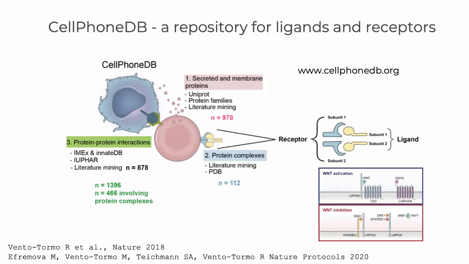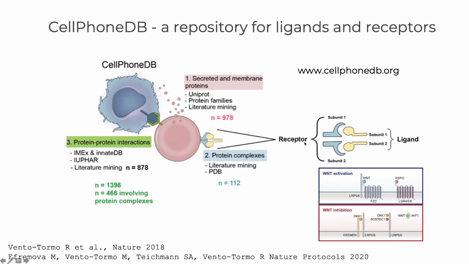Central to our main question is the development of computational tools, particularly CellPhoneDB, a computational tool to look for cell-cell interactions from single-cell data that I developed during my postdoc in the Teichmann team. What is unique about this method is that it is based on a repository of ligands, receptors and their interactions, which is a really well curated data set, and it also comprises complexes.